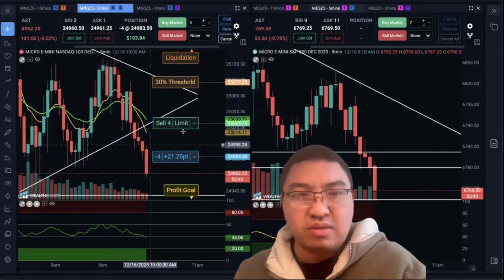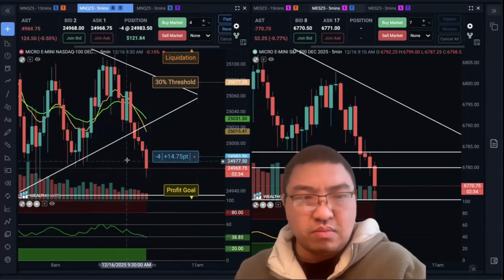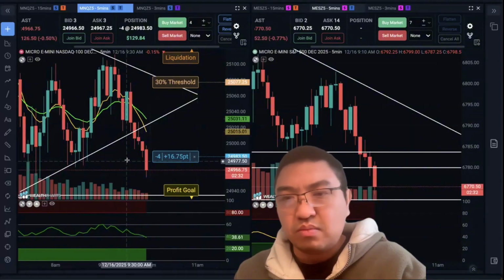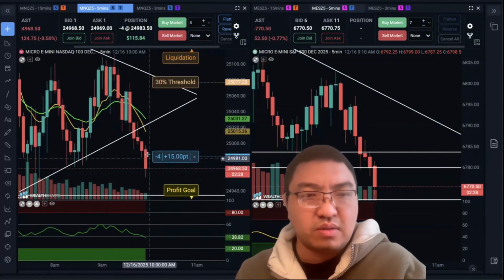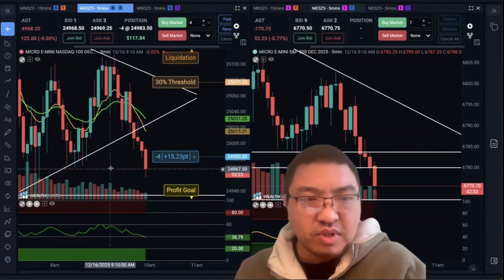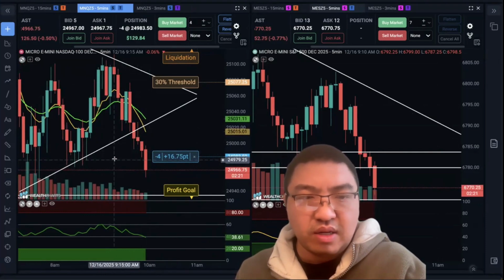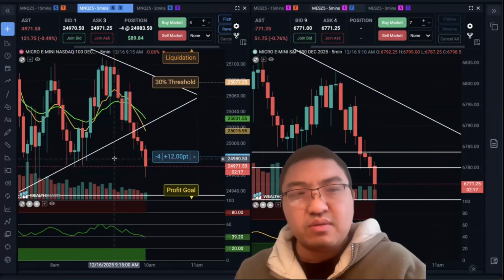Oh, what's going on? It looks like sellers have broken out, closing underneath here. So I can set a stop loss somewhere here.